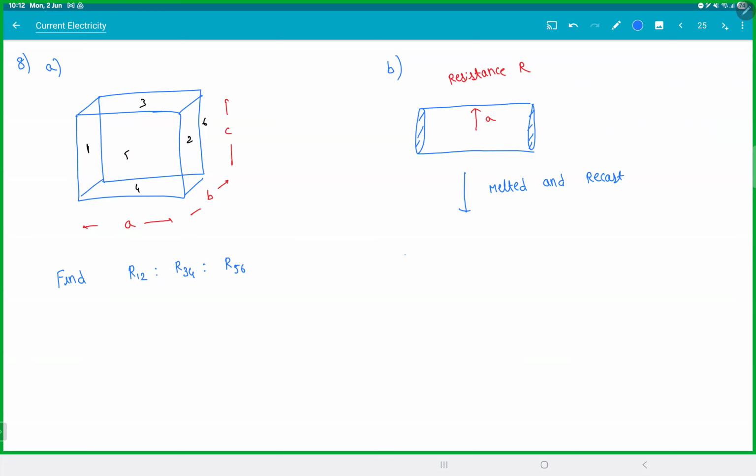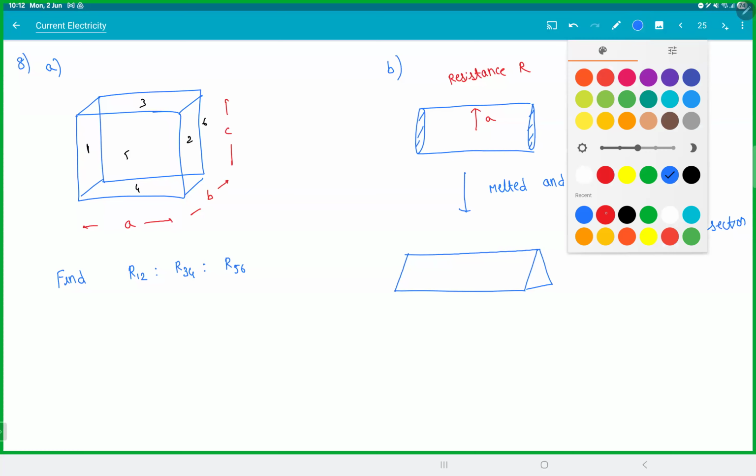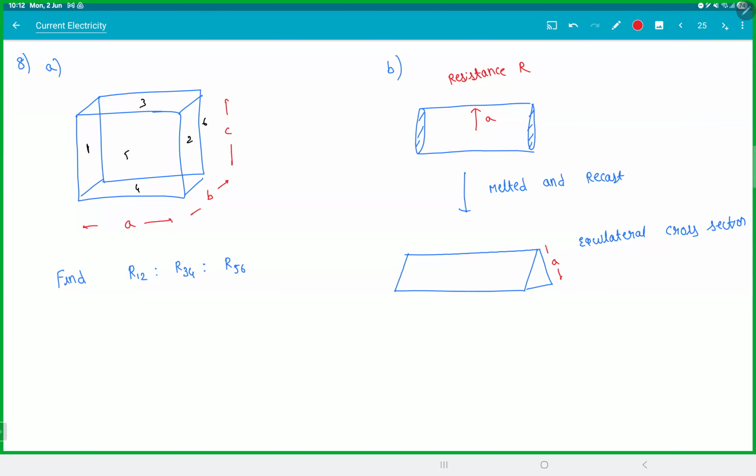Melted and recast, like this. So it's an equilateral triangle base. Whose side is it? Find the new resistance.